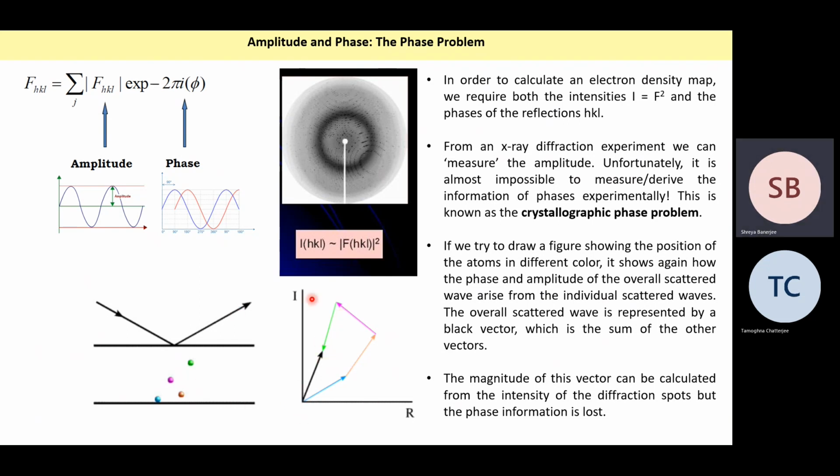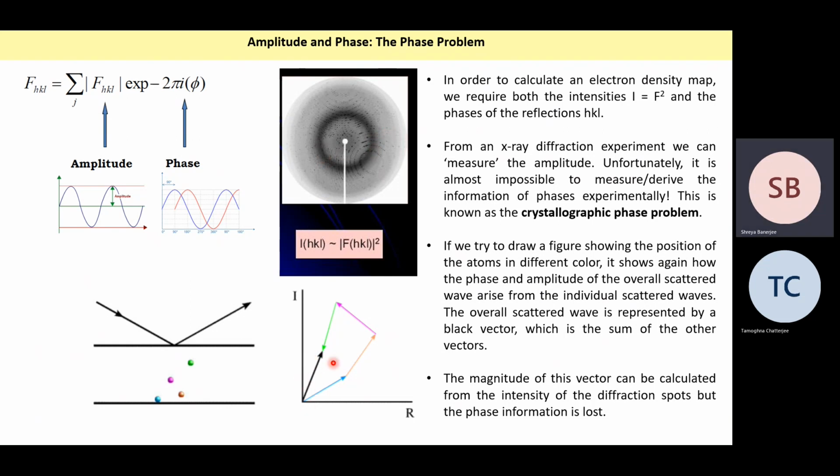What is meant here is that the length of this arrow is the magnitude of the amplitude of this scattered wave, and the angle with the horizontal is the phase. So the magnitude of this net vector can be calculated from the intensity of the diffraction spots.